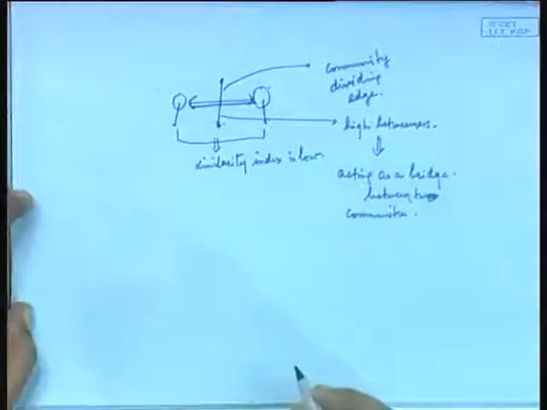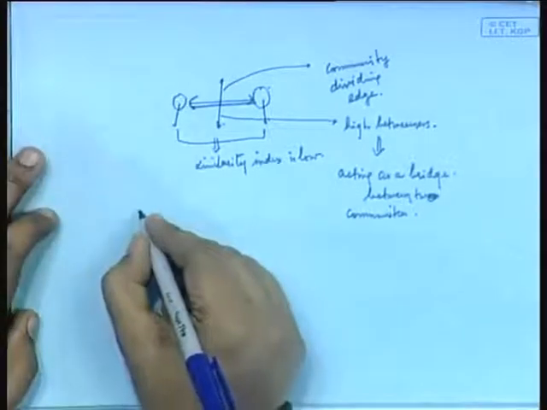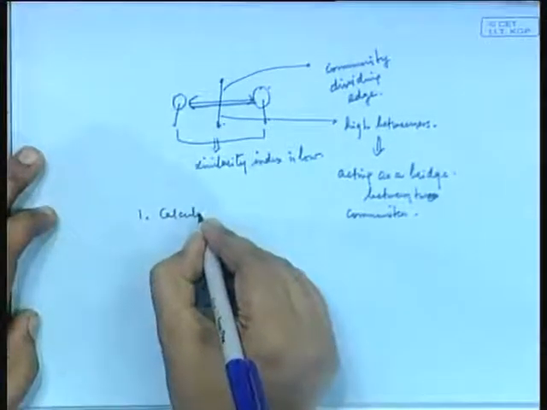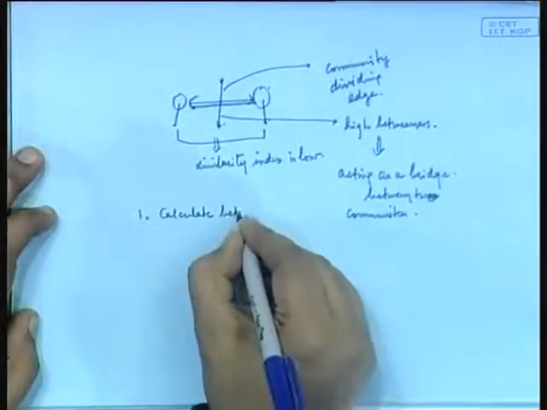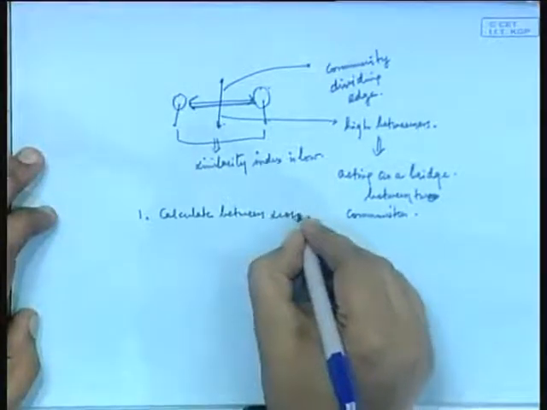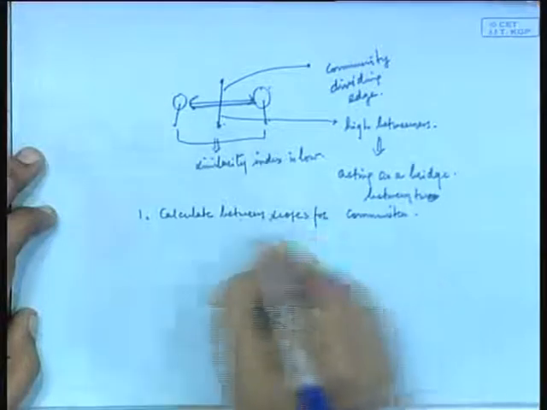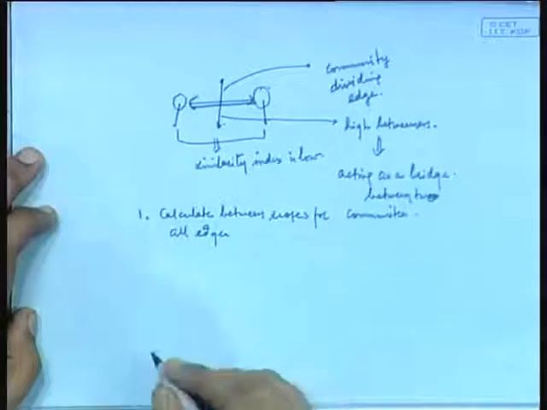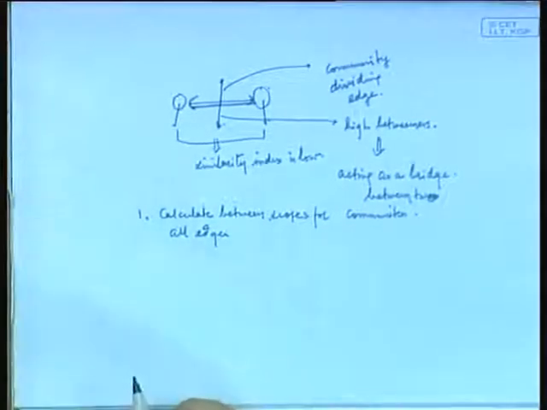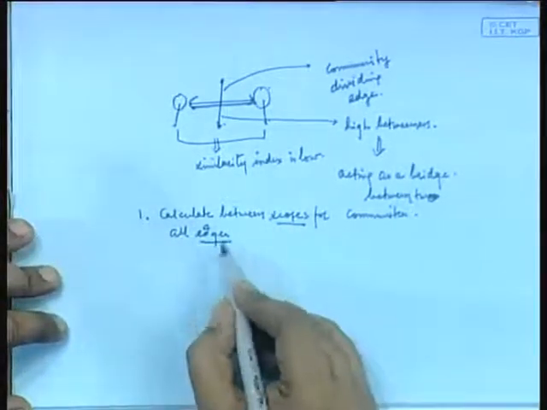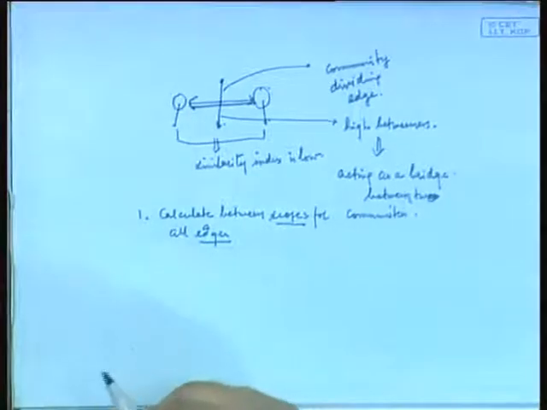So, what will be the general form of the algorithm? 1. Calculate betweenness scores for all edges. This is a little different from what we studied before.